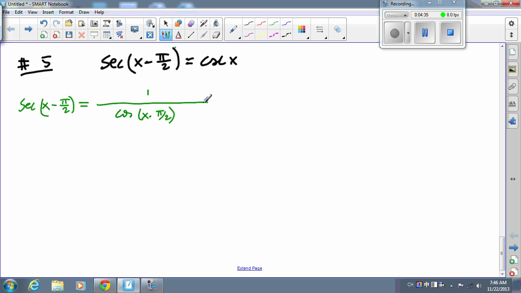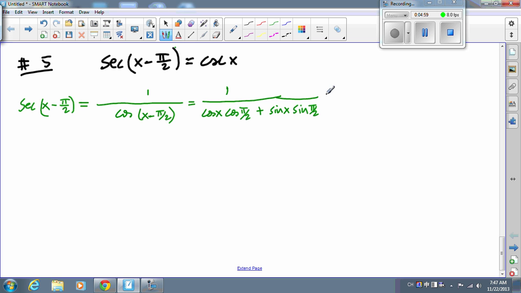Well, what is cosine of x minus pi over 2? I will say this is equal to 1, again, over cosine of x minus pi over 2 is cosine x cosine pi over 2. Since this is minus, it's going to change into plus, and this will be sine x and sine of pi over 2.